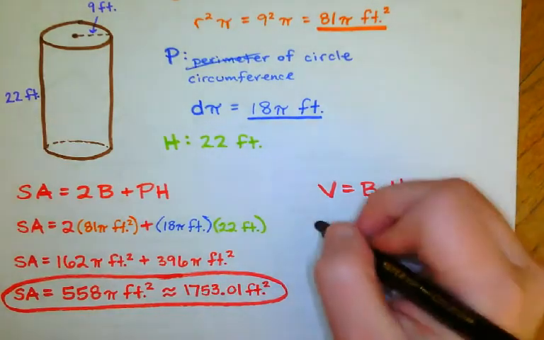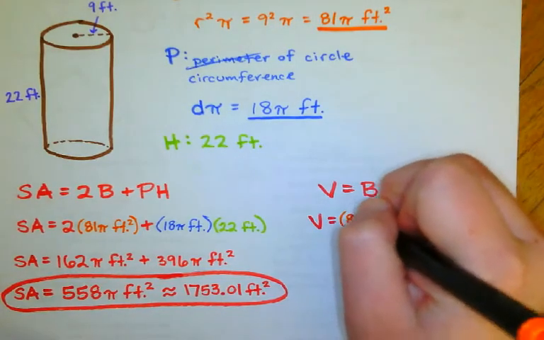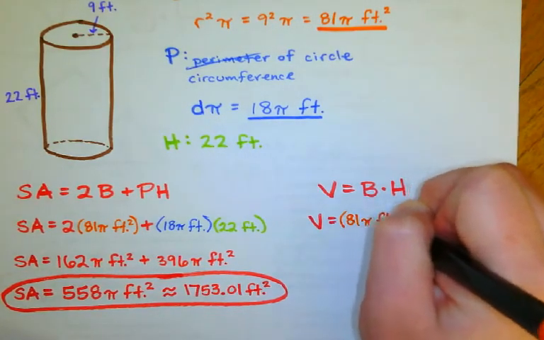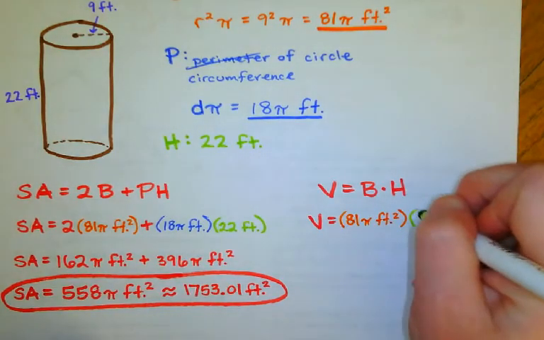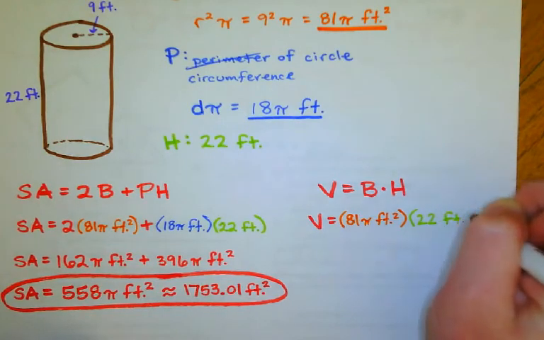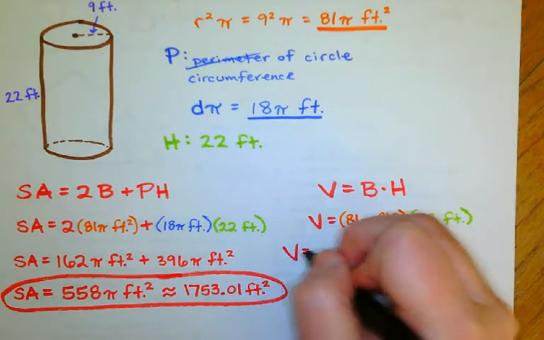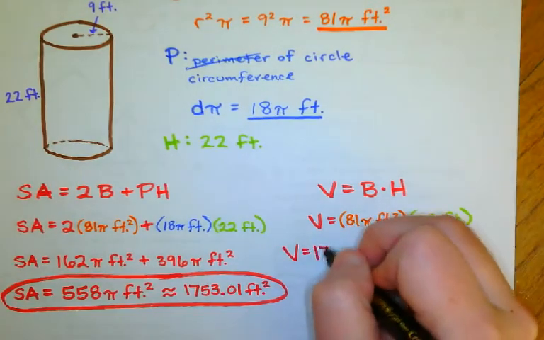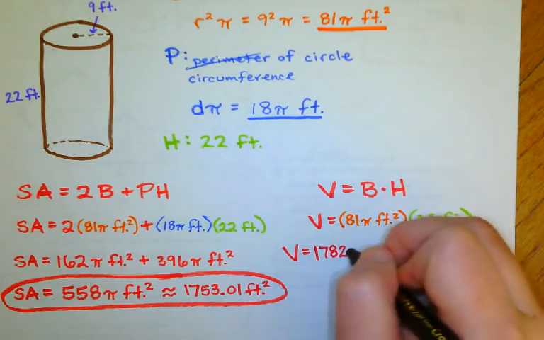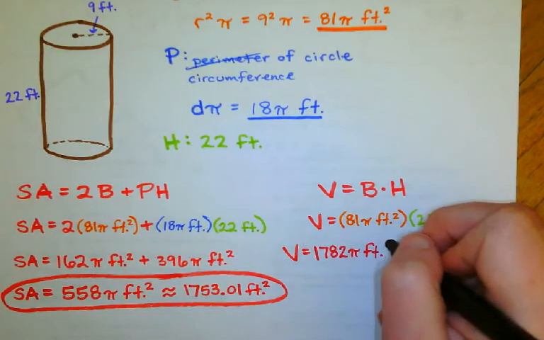For your volume, your base of 81 pi feet squared times your height of 22 feet is going to give us a volume. 81 times 22 is 1,782 pi feet squared times feet is feet cubed.